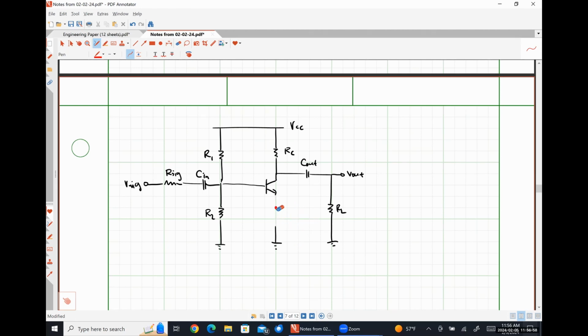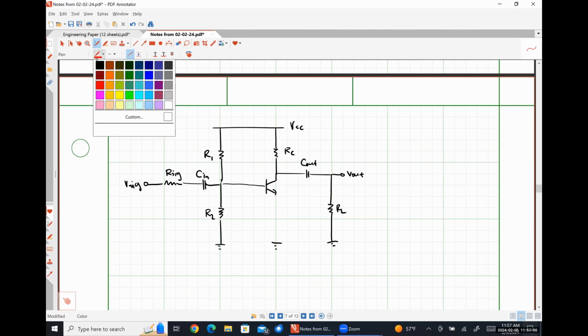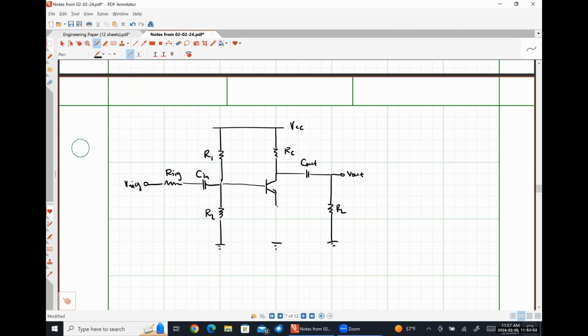So what you may also see is something like this. Let's call this guy RE1 and this guy RE2. And then you'll put your emitter capacitance here.